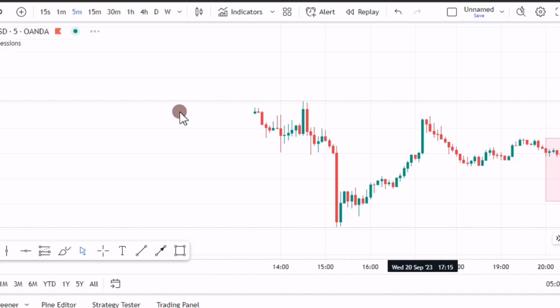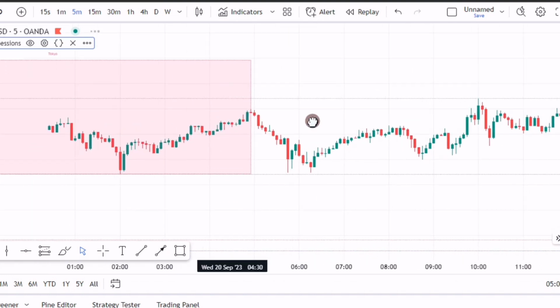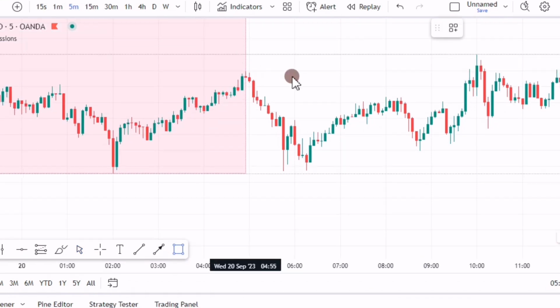Let's go back. Right here, that was your last candle. Price closed there, so you should have taken a sell trade somewhere there.